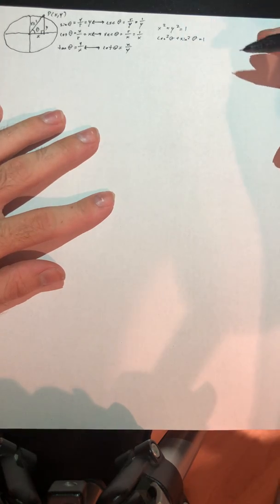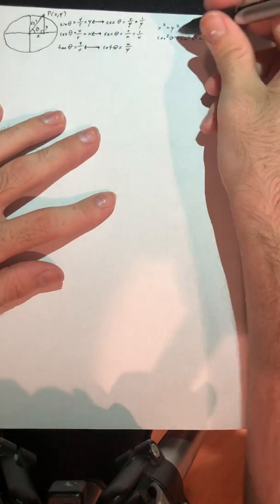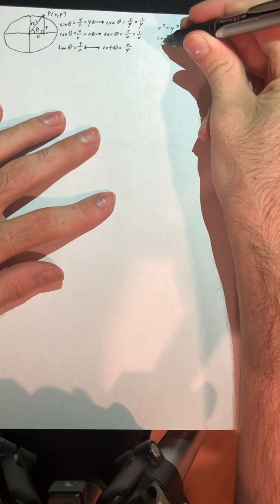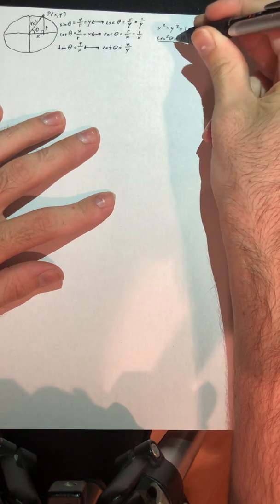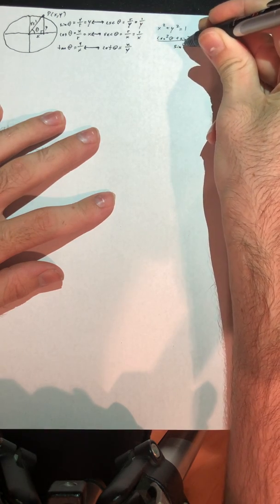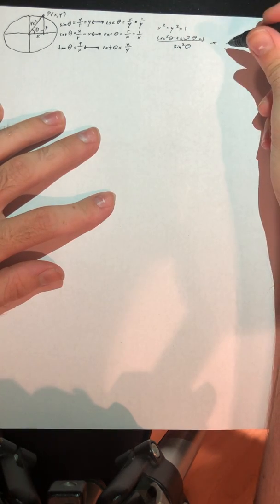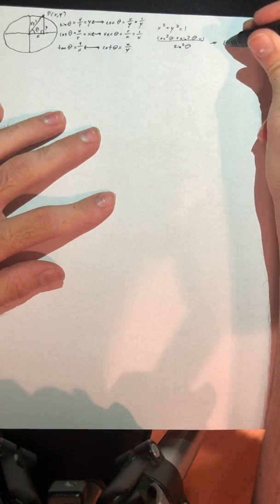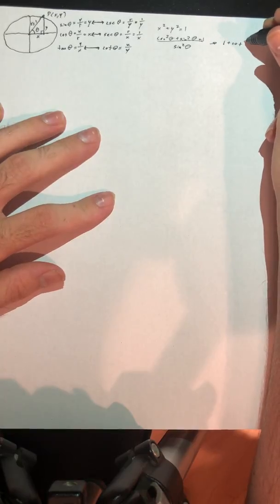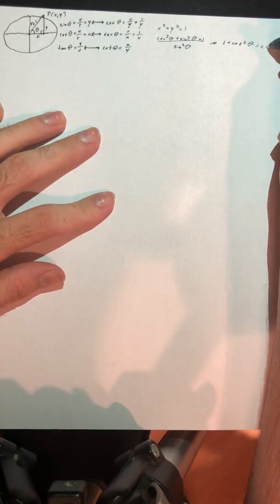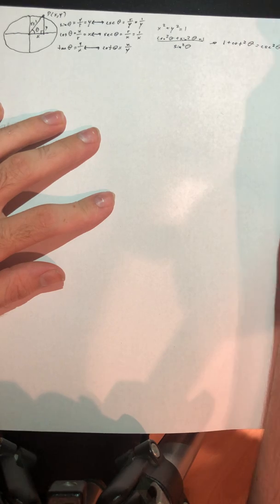Now, if you divide both sides by, let's start with sine squared theta, then you get 1 plus cotangent squared theta is equal to cosecant squared theta.